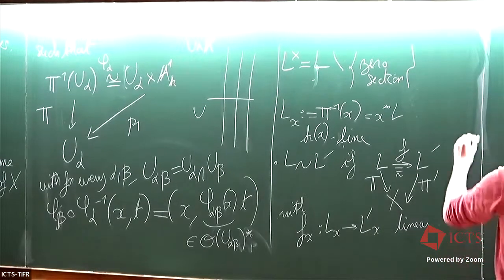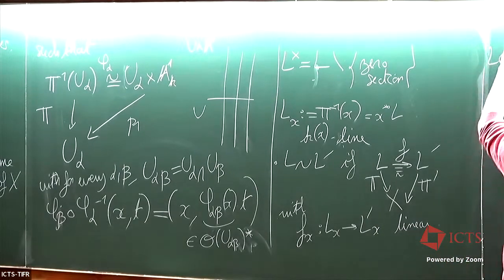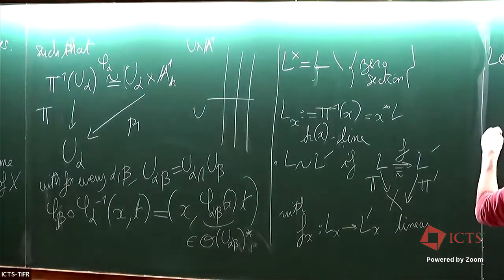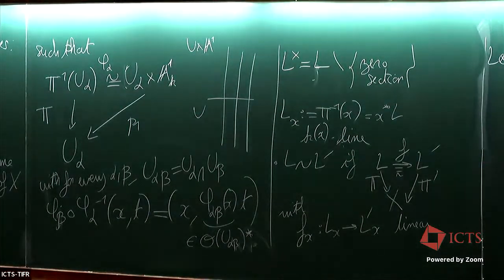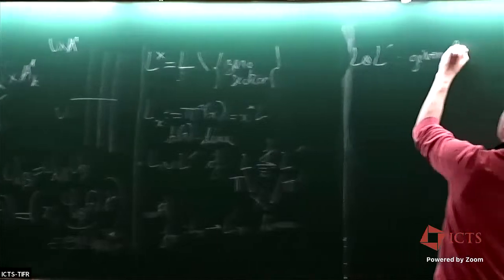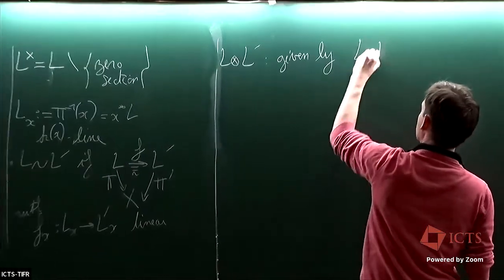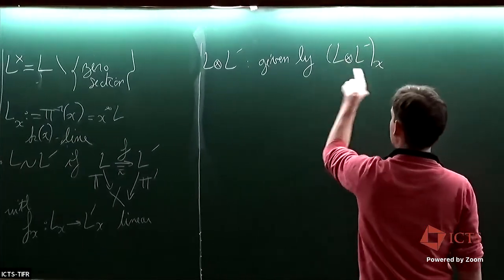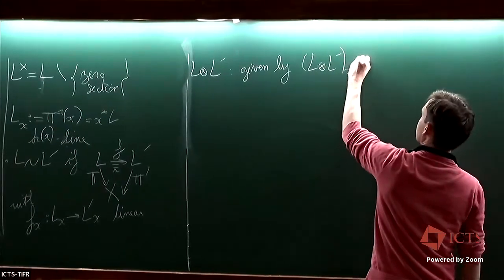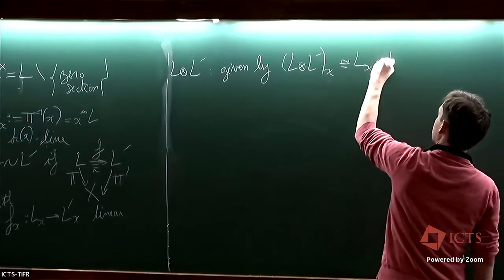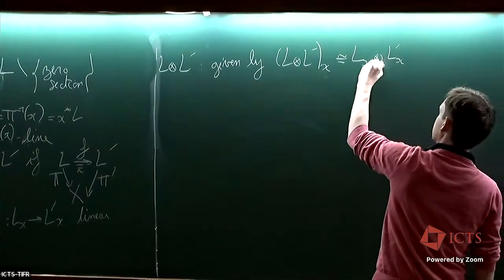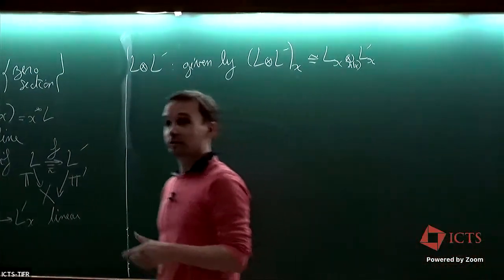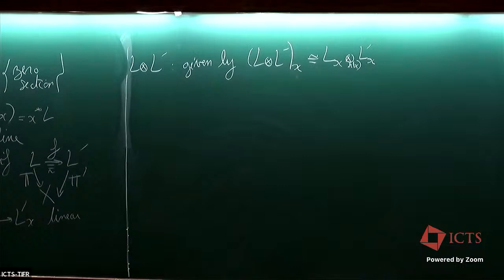All right, you can also define a tensor product of line bundles. I will not say much, just that it's made so that the fiber at x of L tensor L prime is the same thing as Lx tensor Lx prime. Because of course the tensor product of lines is a line.